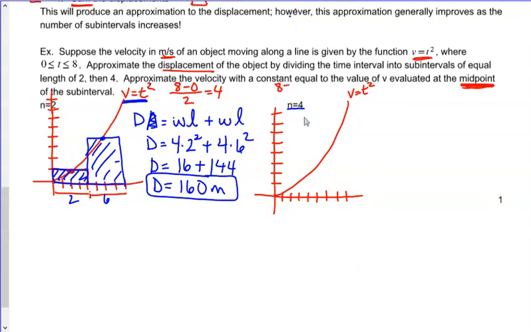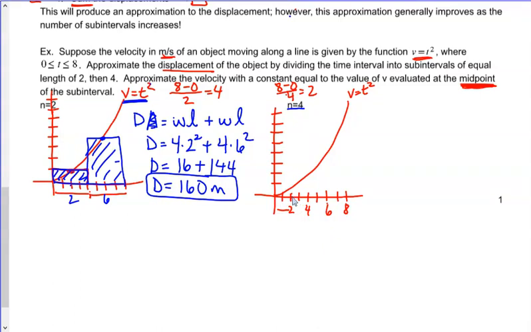Well, how wide is each one of those rectangles? Again, take the difference in your distance here and divide it by the number of subintervals that you need, and that tells me that for every 2 seconds I need another rectangle. So that means I need to go from 0 to 2, then from 2 to 4, 4 to 6, and 6 to 8. And I'm going to grab the midpoints of each one of those intervals to make my rectangles, okay?